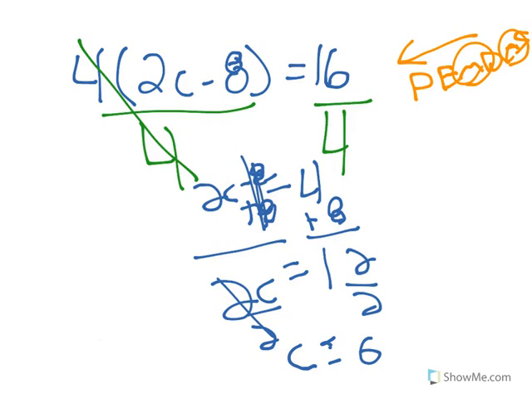2c minus 8 equals 4. Let's add 8 to one side, adding to the other, which will make 12.